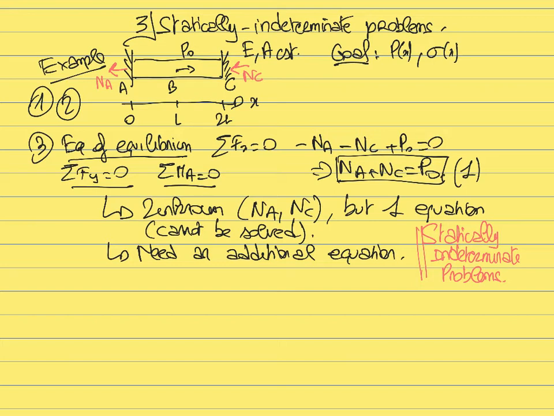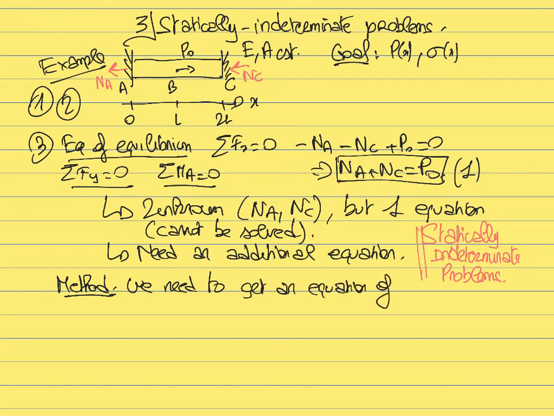So the method that we will need to use here is to find the equation that is given by the geometry. This is going to be called the equation of compatibility. So we need to get an equation of compatibility.